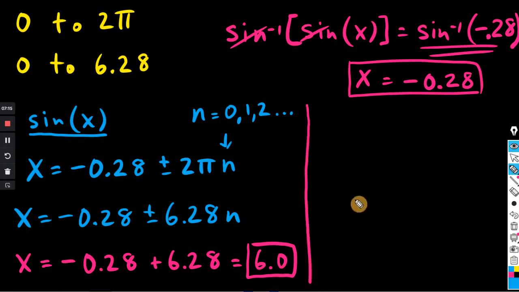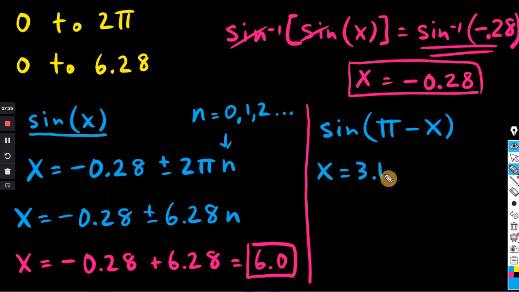Now for the identity, we said at the beginning, sine of x is equivalent to sine of pi minus x. All right. So x is going to equal pi, which is 3.14, minus the original value of x, which is negative 0.28.